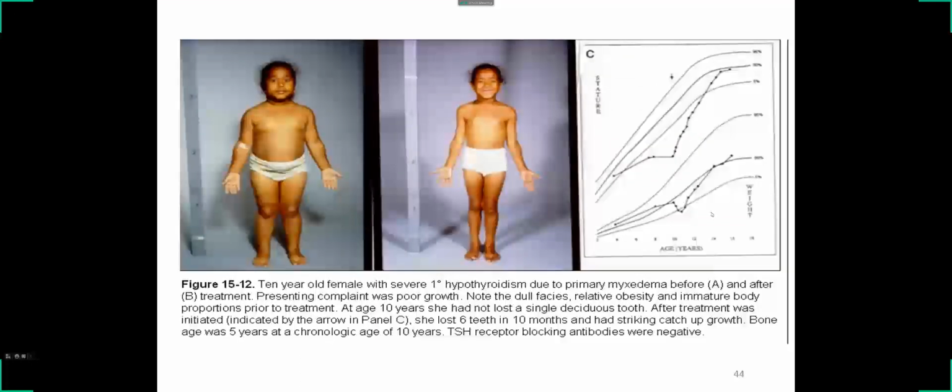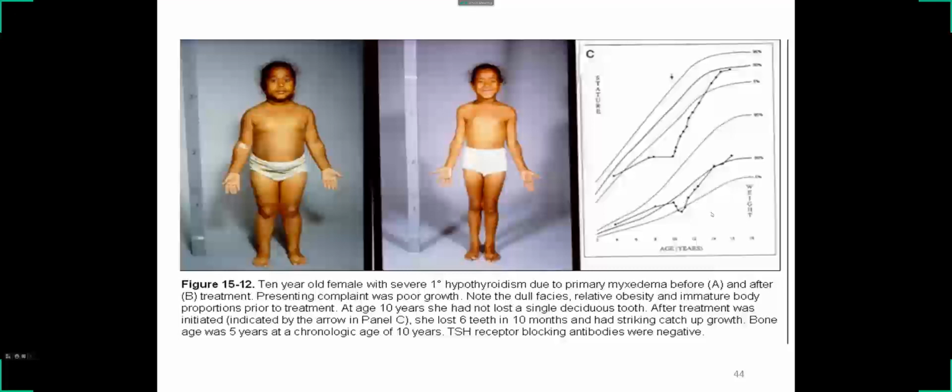So here is a 10-year-old girl with severe primary hypothyroidism due to primary myxedema. This is on the left before treatment, and on the right after treatment.